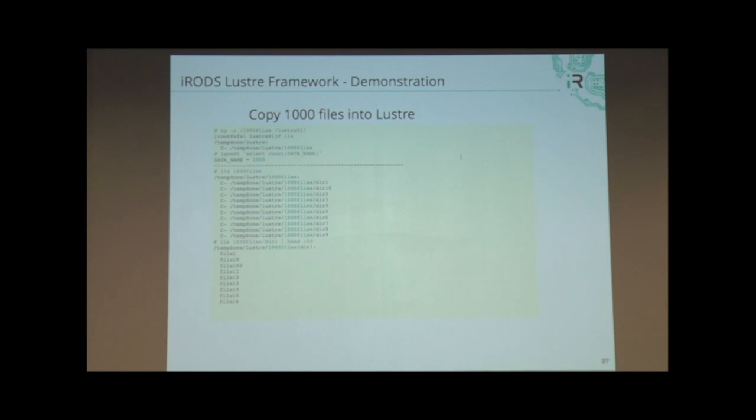I did a couple of ils commands just to show that the files are there, registered, and the collections are registered within iRODS. And I did a command called iquest, which is an SQL-like query to query the iRODS database, just to show that I have 1,000 data objects within iRODS. And that happens very fast.